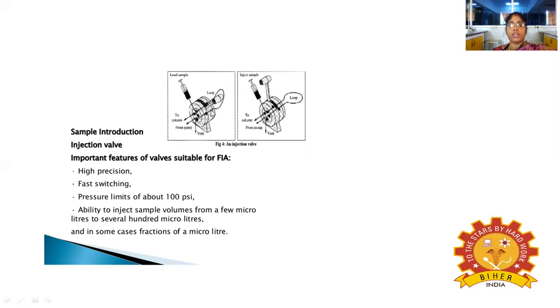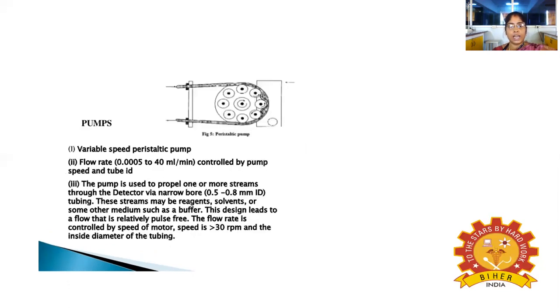Whenever we need the sample, that is the analyte, to react with the carrier, the loop will be opened so that the sample will be mixed in the mixer tank with the carrier. Okay, so this gives you high precision, in the sense it gives you high accuracy, and it is an automated one. It doesn't need an operator to monitor it, as it is a modern flow injection analysis.